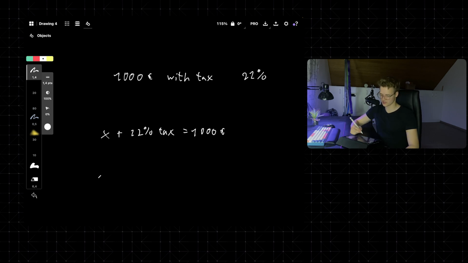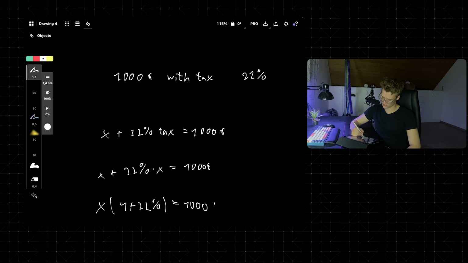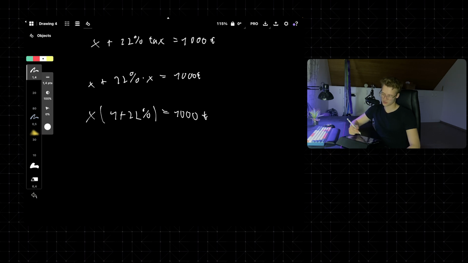So basically what happened here? We had a price, x, then we added 22% of x times x, and we got 1,000 euros. So if we factor out x, we get 1 plus 22% times x is 1,000 euros. And 1 plus 22% is just gonna be 1.22 times x is 1,000 euros. So now you just divide by 1.22.